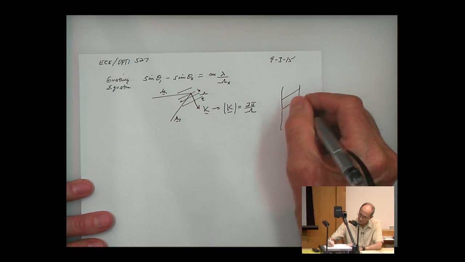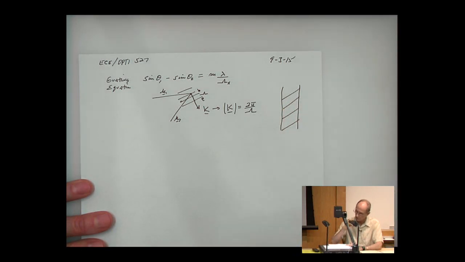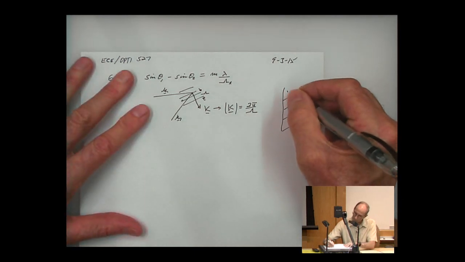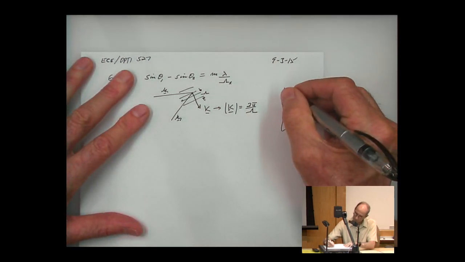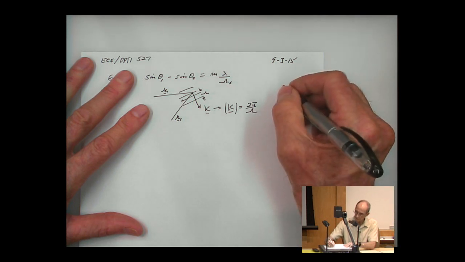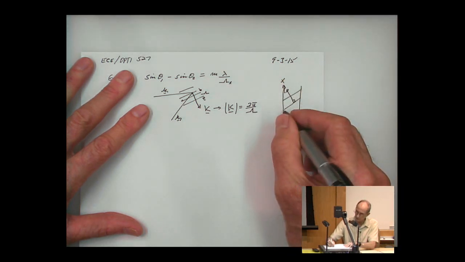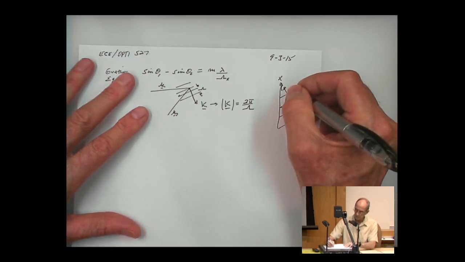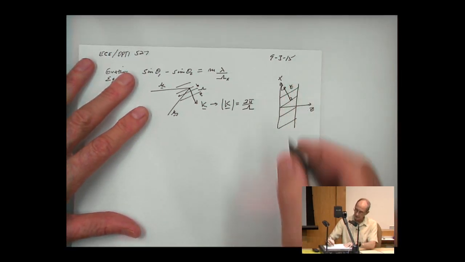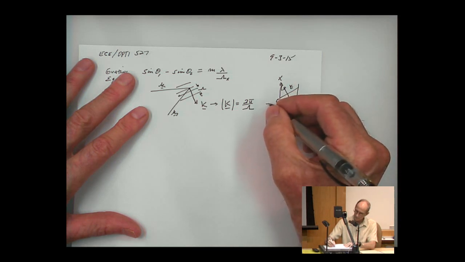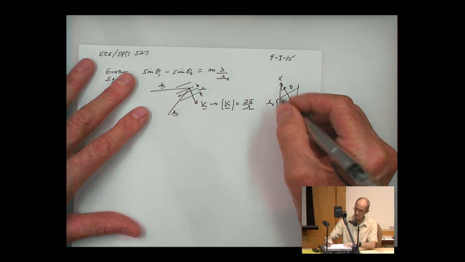So again, if we have a set of fringes like that, the grating vector is perpendicular to that. This is typically our x direction, and here the z direction. So here is K, and this lambda sub x is along the surface.